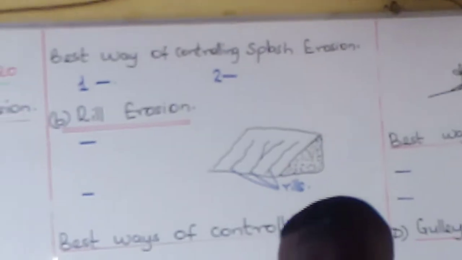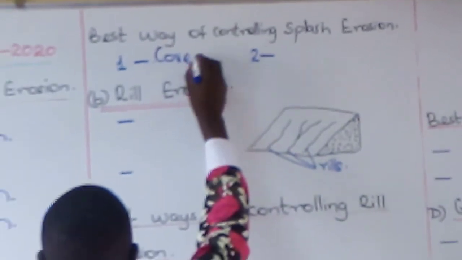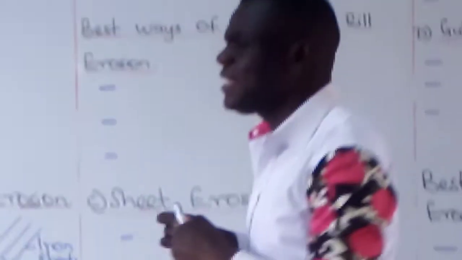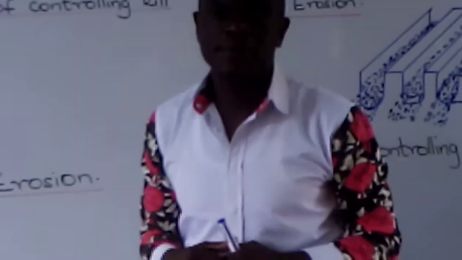The best way of controlling splash erosion, majorly, is planting cover crops. Which are these cover crops? Grass is the major cover crop.